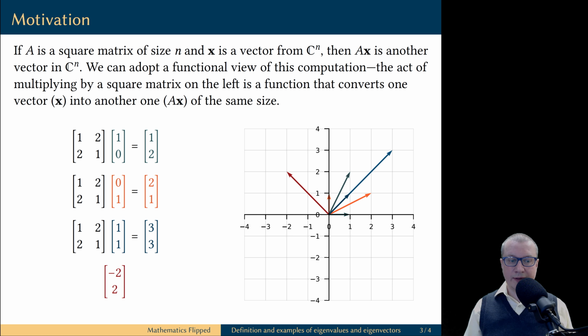Finally, let's look at the vector (-2, 2). When we multiply this vector on the left by the given matrix, the new vector has the same magnitude, but it changes the direction to the opposite. But it still lies on the same line as the original vector, and algebraically we can describe this as follows.